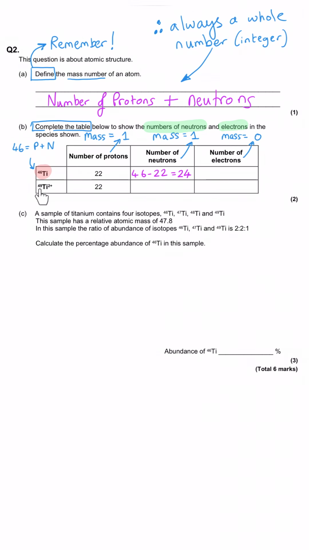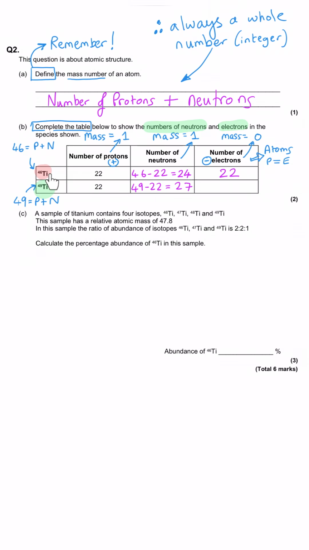And in titanium-49, the mass number is this time 49, and so 22 protons subtracted away from 49 gives us 27 neutrons. And then the electrons, well, for atoms, the number of electrons is the same as the number of protons.